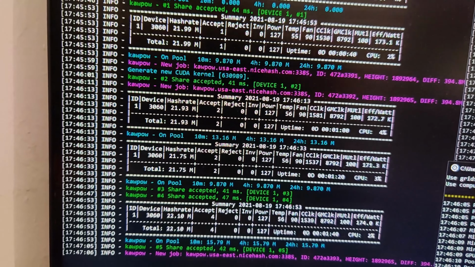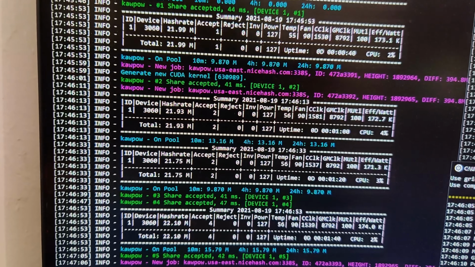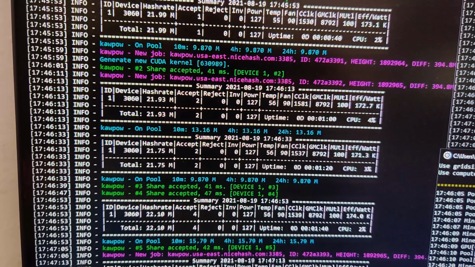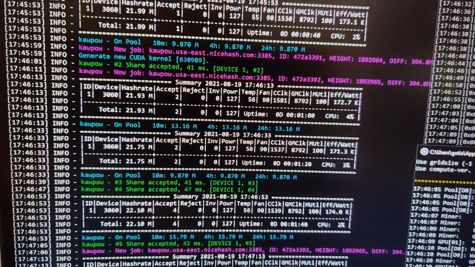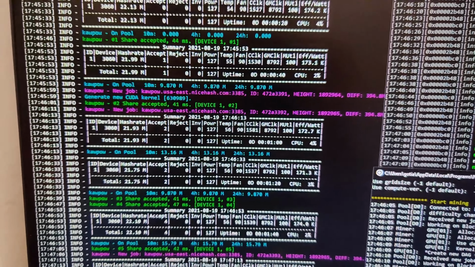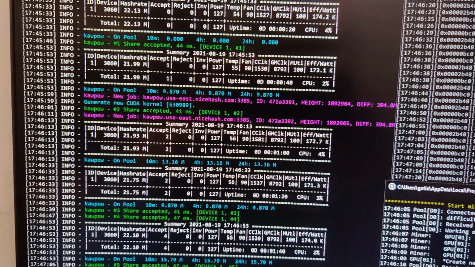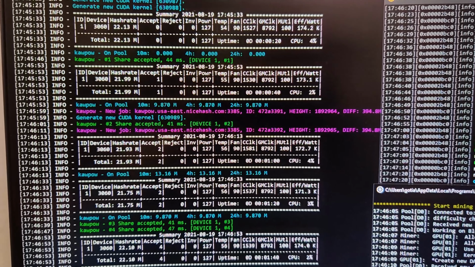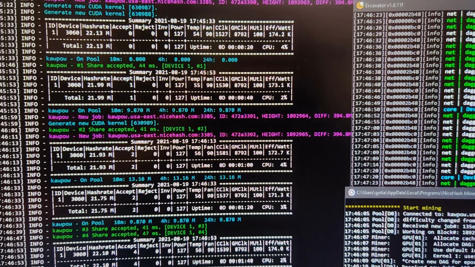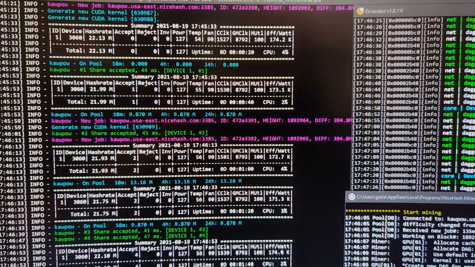In fact, my hash rate will increase if I increase the power limit. Right now the power is set, I think, at 70%. Again, I'll show you what I have it set at in a minute. And why is this important? Well, we'll get to that in just a minute.